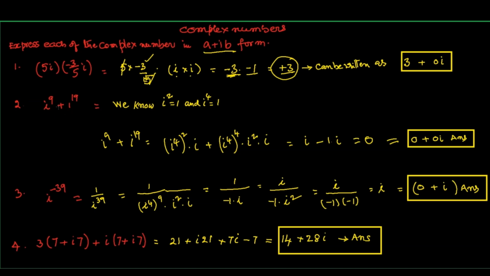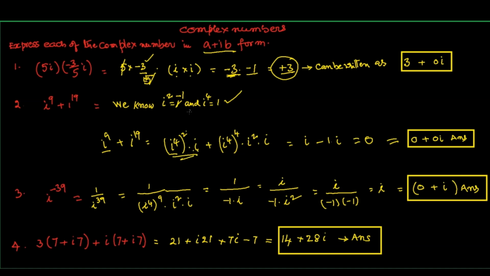i power 9 plus i power 19. We know that i square is -1, and i power 4 is 1. If you square it, you get 1. So i power 9 can be written as (i power 4) power 2 times i.